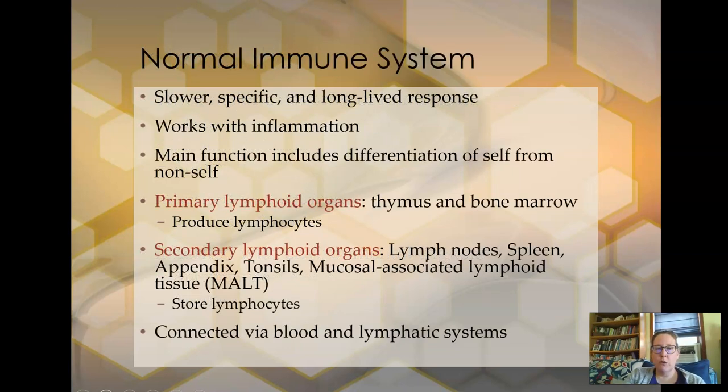Okay, let's look at a normal immune system. Your normal immune system reaction is usually slower, specific, and long-lived. When you get sick, your first reaction is going to be more like an innate, pre-programmed reaction, and then as your body figures out how to defend against it, and it takes a little bit, you'll get specific antibodies to the pathogen that's infecting you.